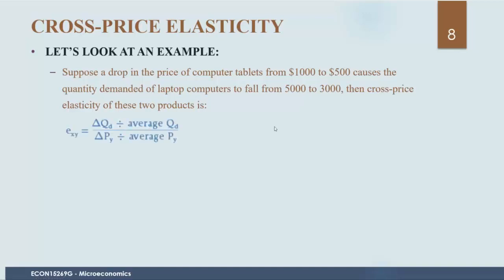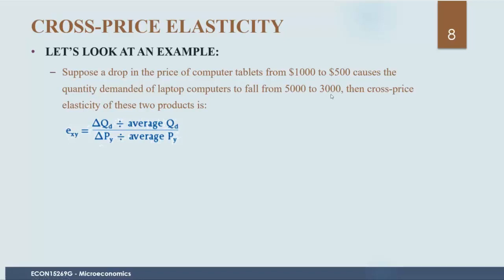In the numerator, we plug in our numbers for the quantity demanded, changing from 5,000 to 3,000. The difference is 2,000, but since it falls, it's negative 2,000.